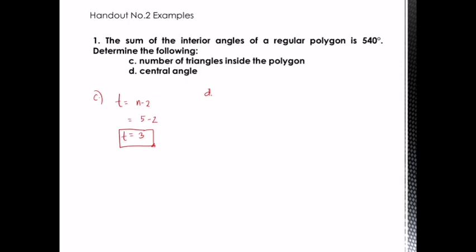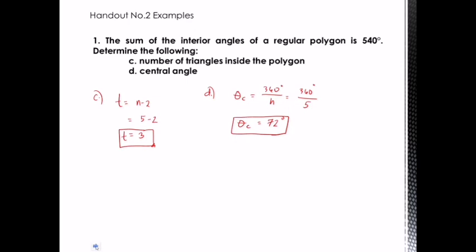Then letter D is the central angle is given by the formula 360 degrees divided by n. So 360 divided by your number of sides. So therefore, a central angle is measured to be 72 degrees.